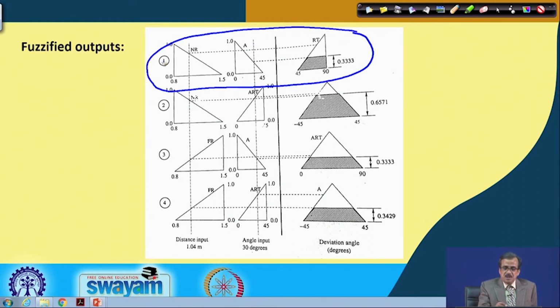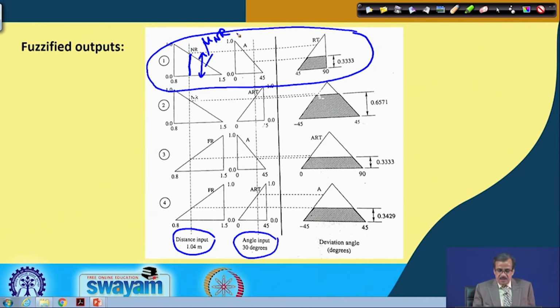What are the inputs? The inputs are distance of 1.04 meter and angle of 30 degrees. So, these two inputs we are passing, and corresponding to the distance equal to 1.04, I will be getting one mu, and this is your mu NR. Similarly, corresponding to the angle of 30 degrees, I will be getting one mu here.